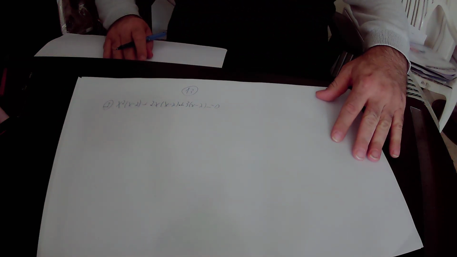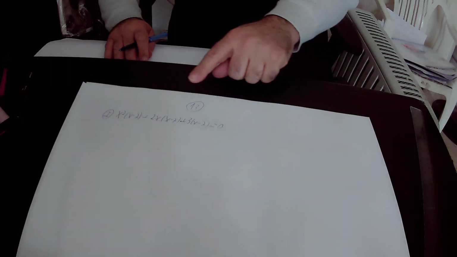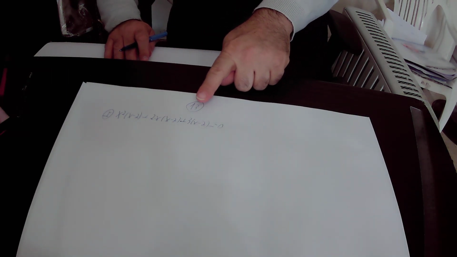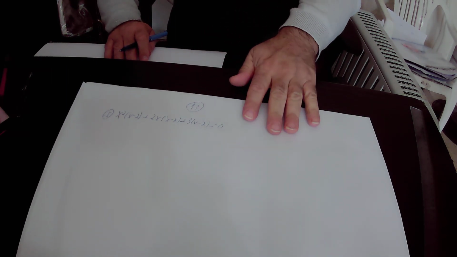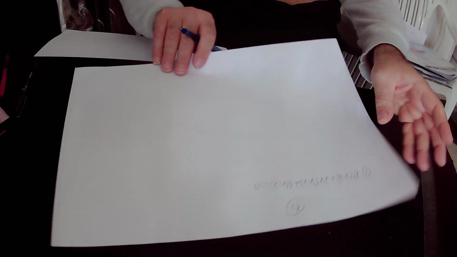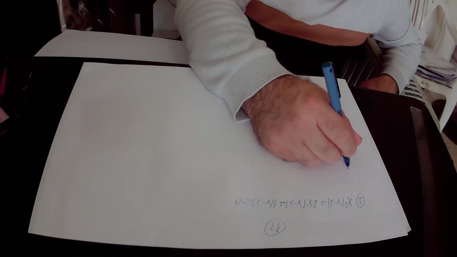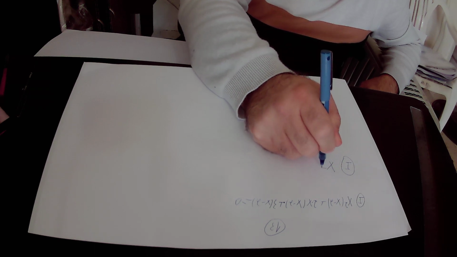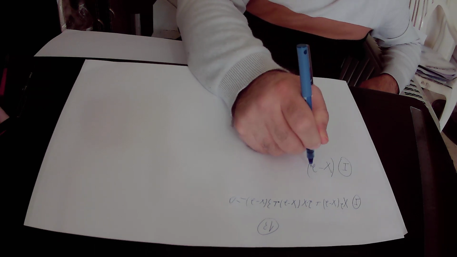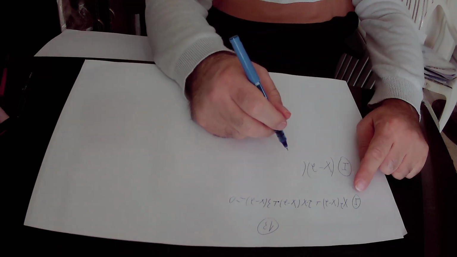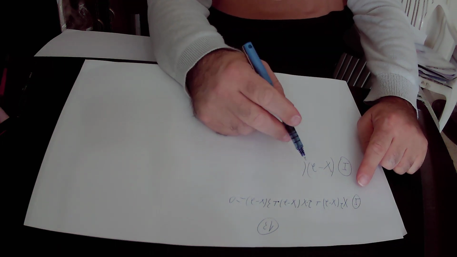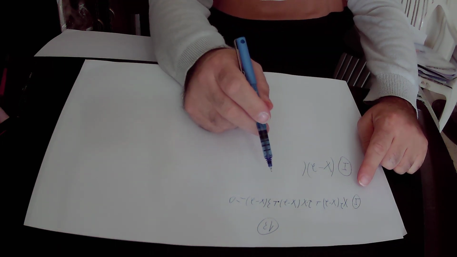So here we will take a common factor of x minus 2 of this equation number 1, and we will get x minus 2. So x minus 2 is a common factor of equation number 1.